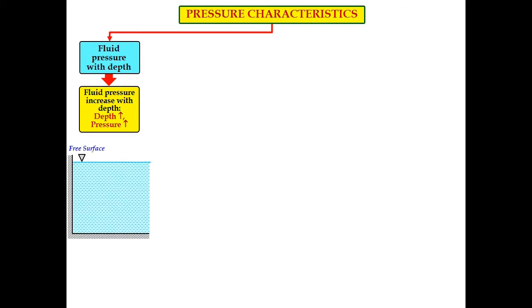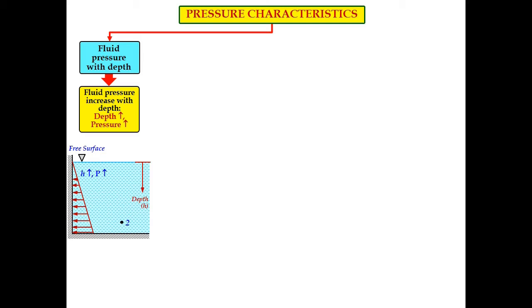Okay, for example, we have what we call a free surface liquid in a tank. In the tank, we have the direction of depth, represented by the H symbol. This free body diagram represents the pressure profile.